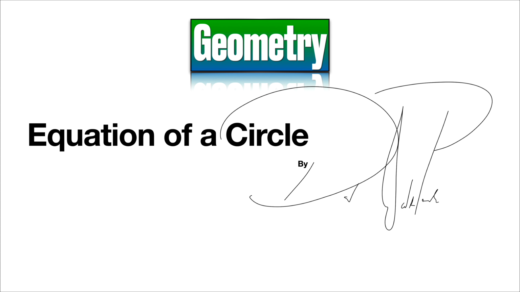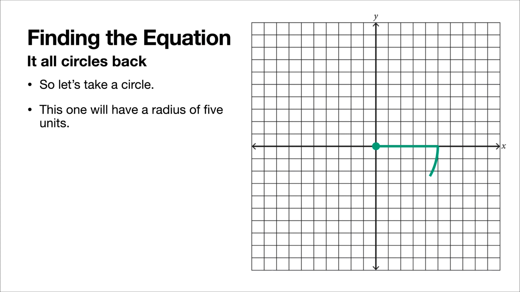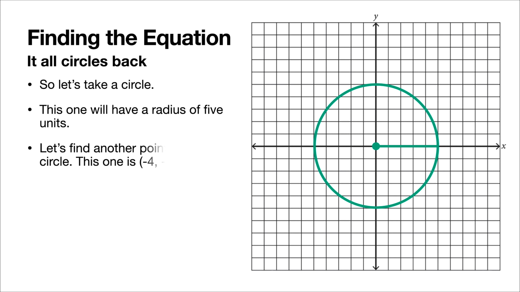So the first thing we're going to do is take a circle. This one will have a radius of 5 units. So here we go: 1, 2, 3, 4, 5. Now let's find a point on the circle, maybe this one, (-4, -3). So the radius would still be 5 units.